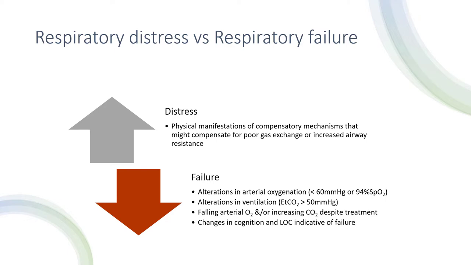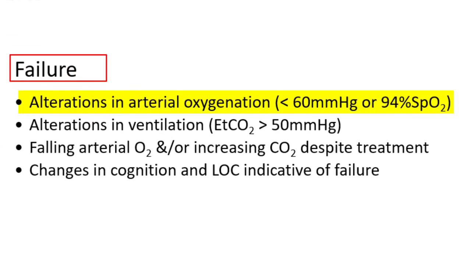As a rough guideline, failure is said to have occurred when the partial pressure of oxygen in the arterial blood supply falls below 60 millimeters of mercury, and/or the partial pressure of carbon dioxide rises above 50. And to put these figures into perspective, the normal level of oxygen in the blood supply sits around 100 millimeters of mercury. So to fall to 60 is quite a large percentage fall.